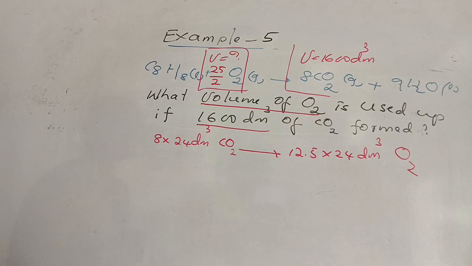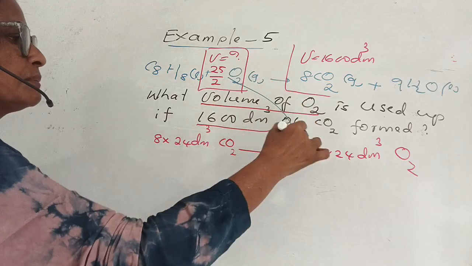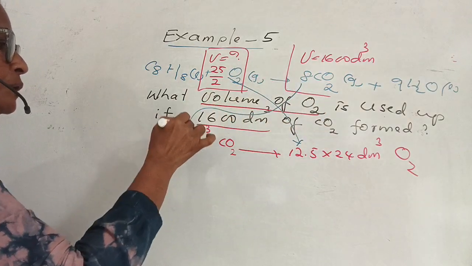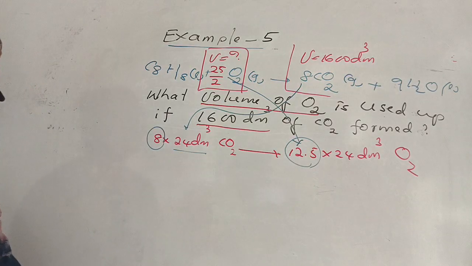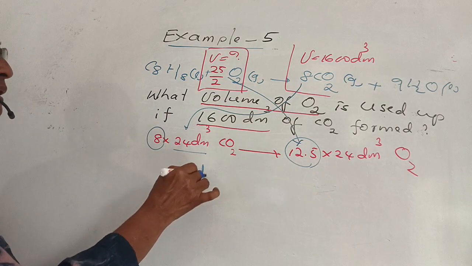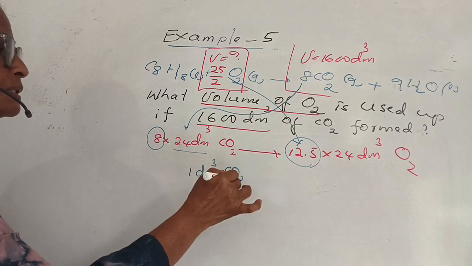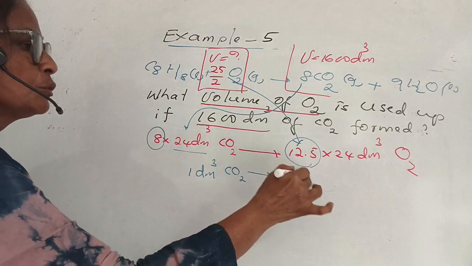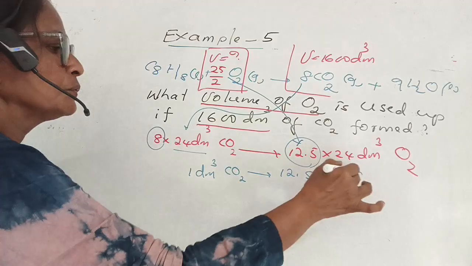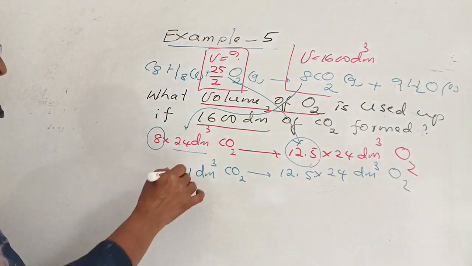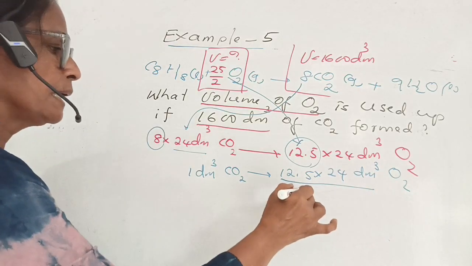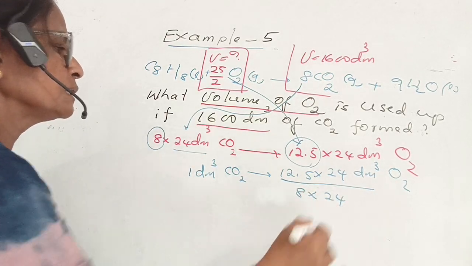When this first sentence is written very correctly, the final answer automatically comes in the correct way. So it is 8 times 24 decimeter cube of carbon dioxide, 12.5 times 24 decimeter cube of oxygen. Therefore, for 1 decimeter cube of carbon dioxide to be produced, it needs 12.5 times 24 decimeter cube of oxygen divided by 8 times 24 decimeter cube.